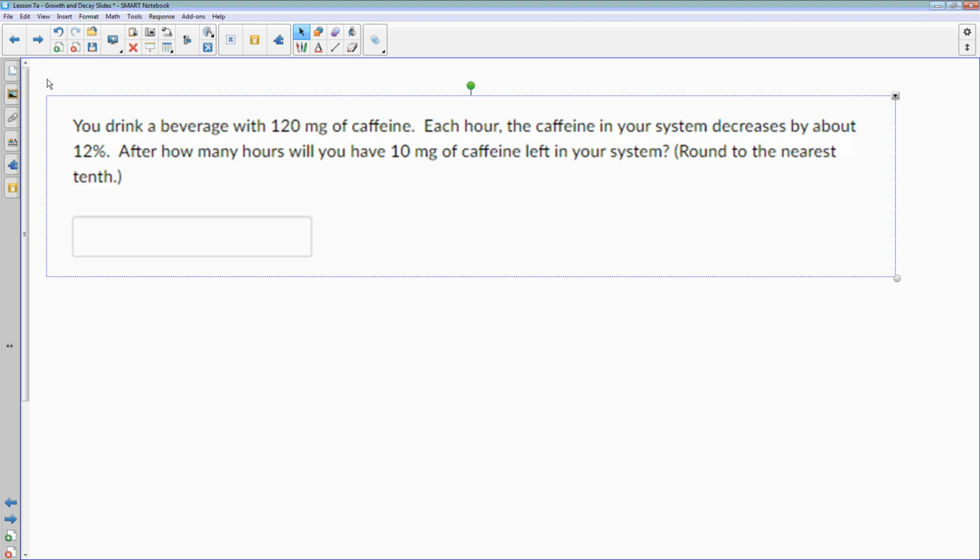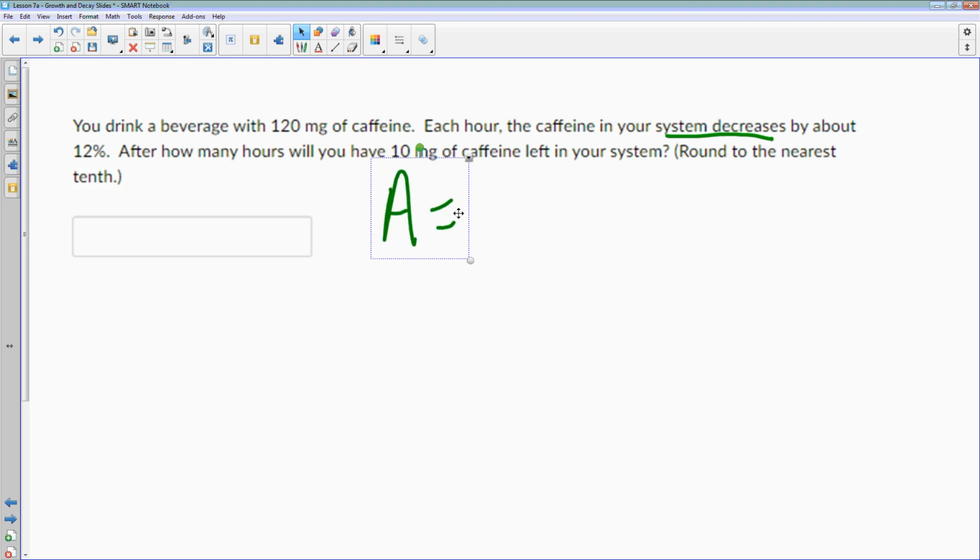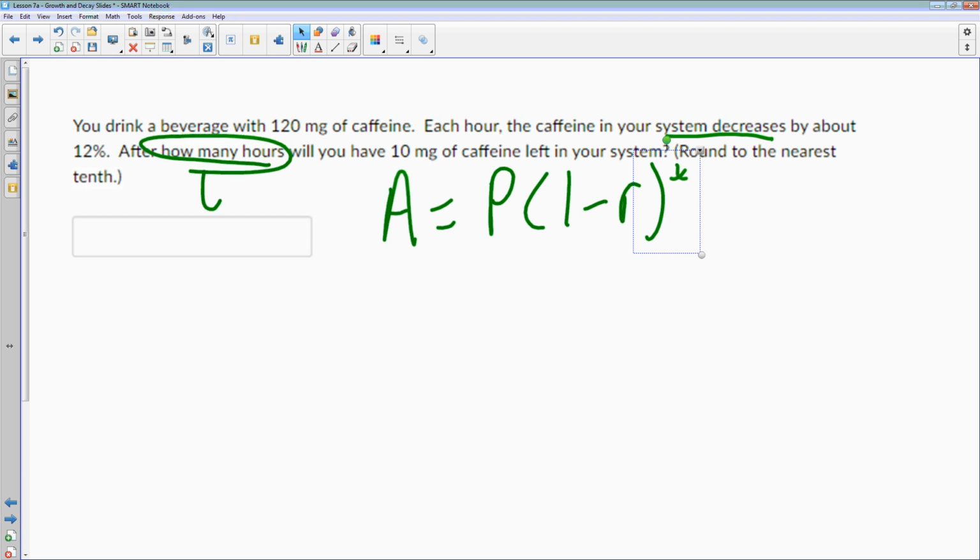So with this one, again, we're not given a formula, so we have to come up with one. Because it says the caffeine is decreasing in our system, again, we're going to use the decay formula. So it's going to be A equals P times 1 minus R to the t power. Right? Now, because we're asking how many hours, that means we're looking for t. So everything else we should be able to fill in.